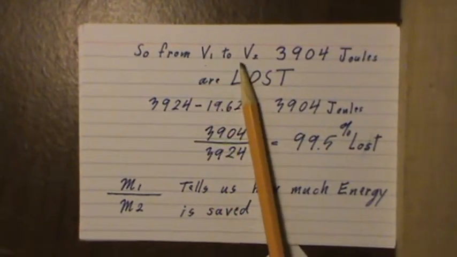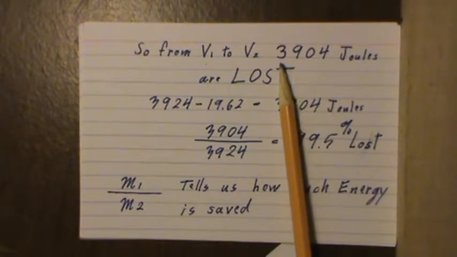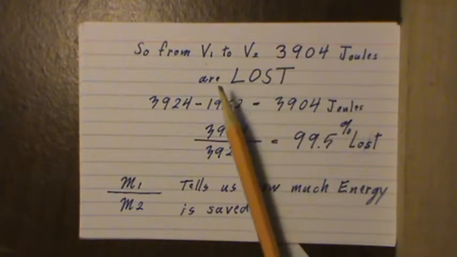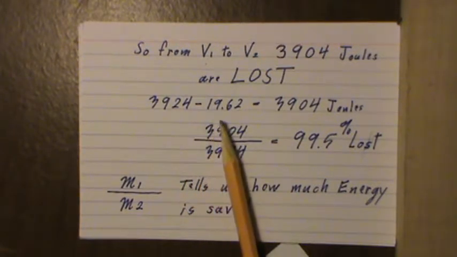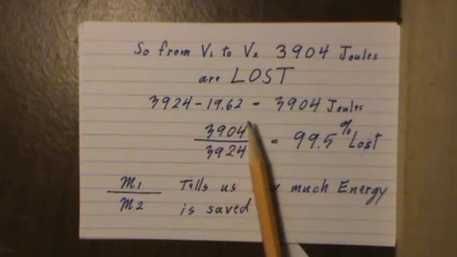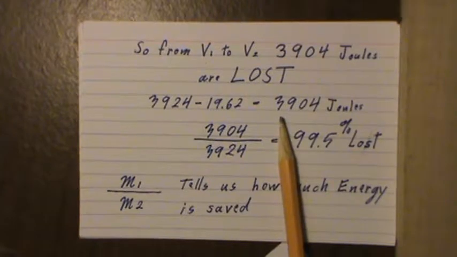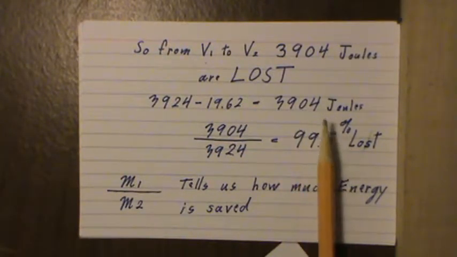From V1 to V2, we have a loss of 3,904 joules. 3,924 minus 19.62 is around 3,904 joules.